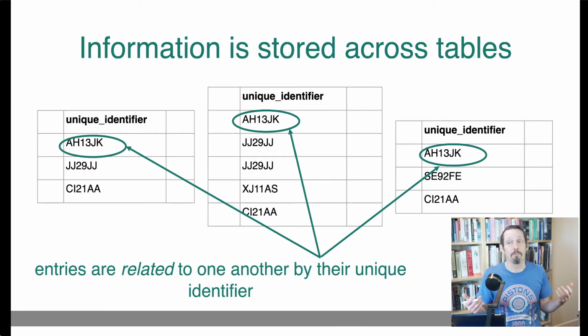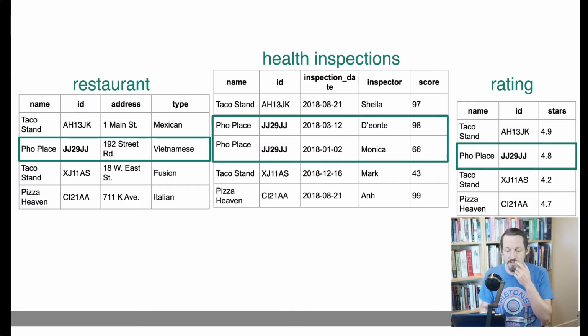Information is stored across many different tables. And like I said, there's a unique identifier which you can see across tables to help get the information from many different tables and unify it together into one query. So how does that look? Let's say we've got our Yelp restaurant data, okay? And there are 3 different tables we're looking at. A table which has the restaurant, its address, and its kind.